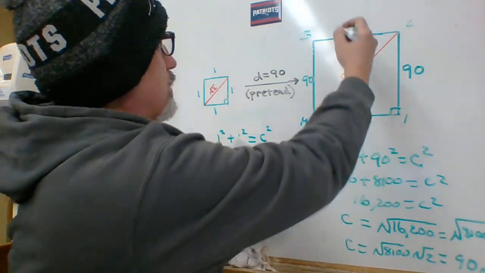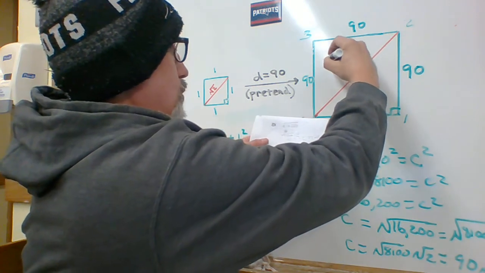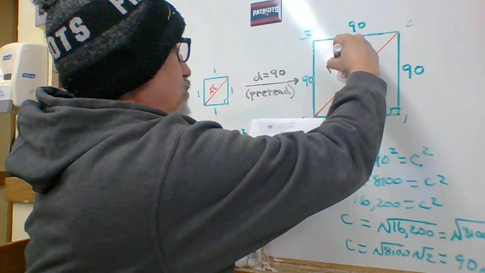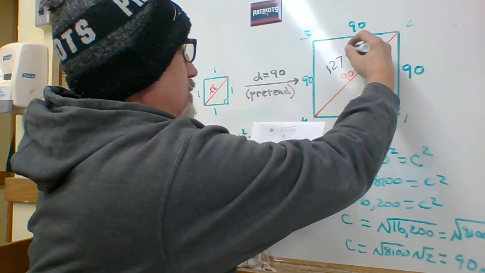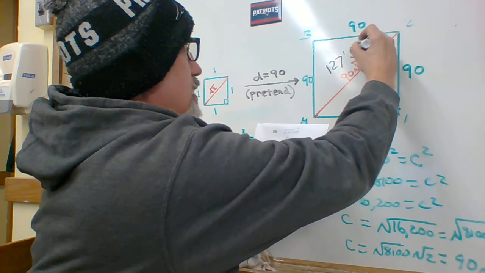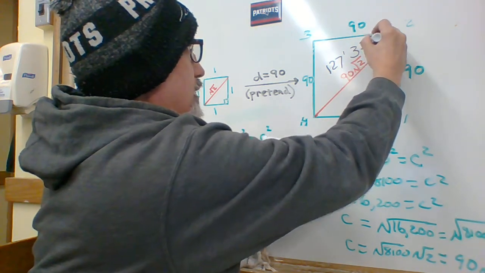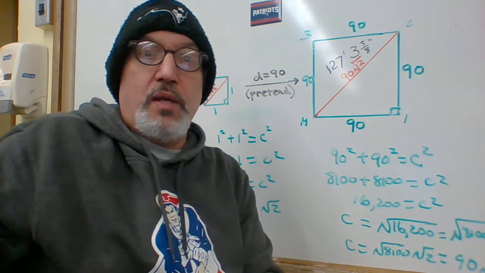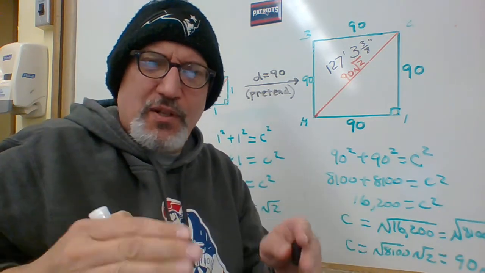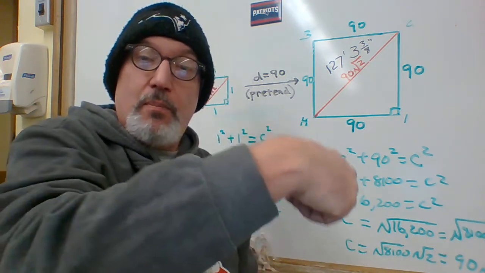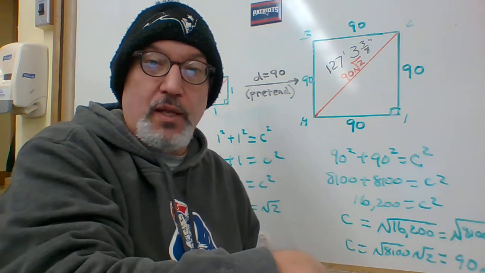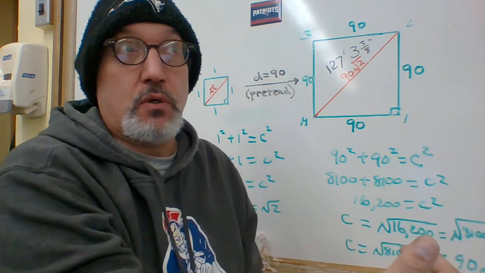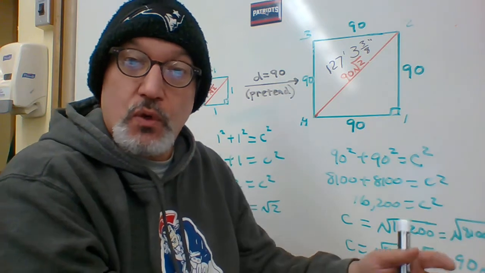And I was given this answer: 127 feet, 3 3/8 inches. That's what the website told me. It said specifically that that's measured from the back point of home plate to second base. I'm not sure what part of second base, of course.